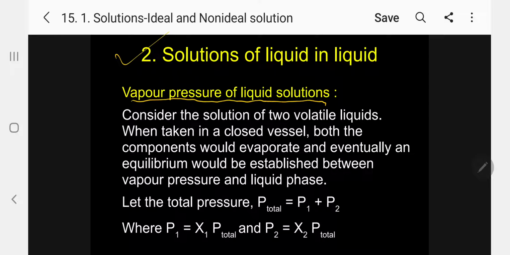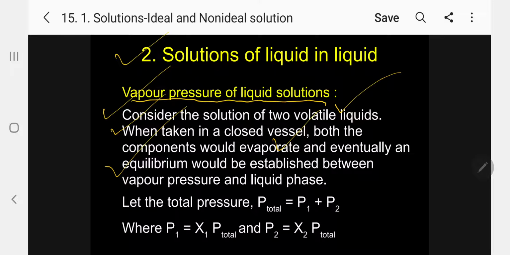Kindly follow. So, consider the solution of two volatile liquids like ether, chloroform, like that. When taken in a closed vessel, both components will evaporate and eventually an equilibrium will be established between vapor pressure and liquid phase.